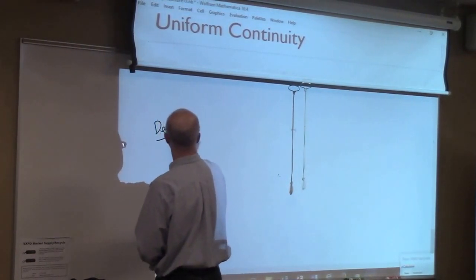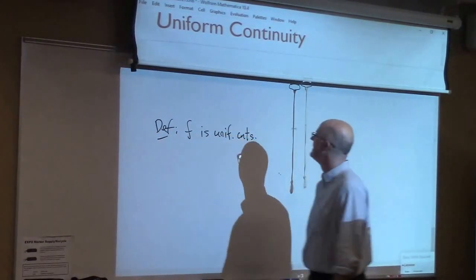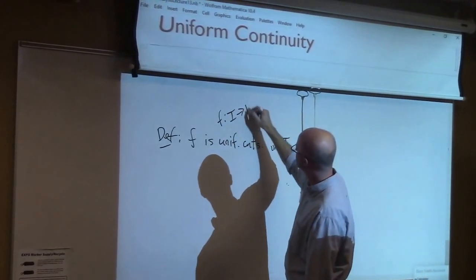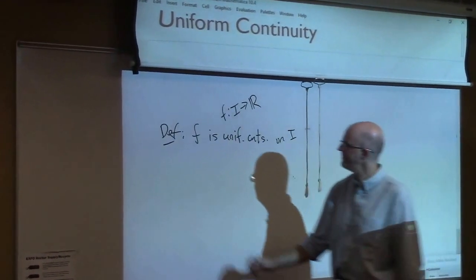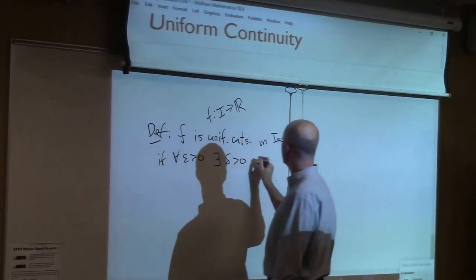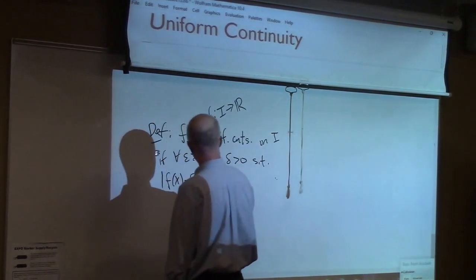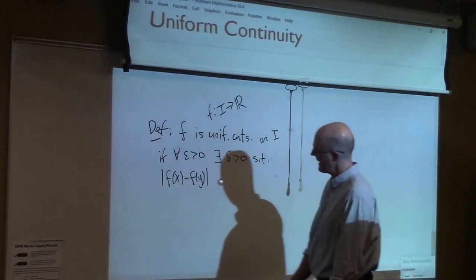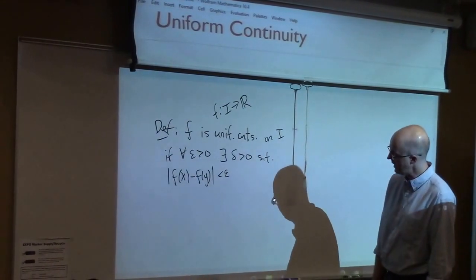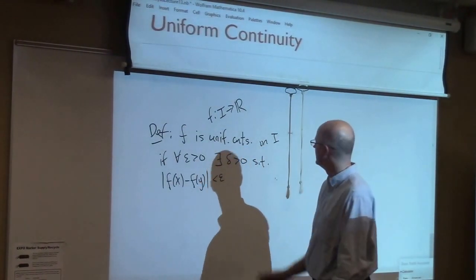Definition: f is uniformly continuous, and we'll abbreviate for the sake of time, on I, assuming f is defined on I, of course, if for all epsilon greater than 0, there exists a delta greater than 0 such that, like I just said a minute ago, the distance between function outputs f of x and f of y can be made within epsilon of each other, arbitrarily close, by taking those inputs sufficiently close to each other anywhere in the interval.